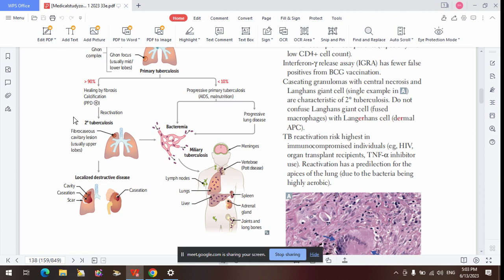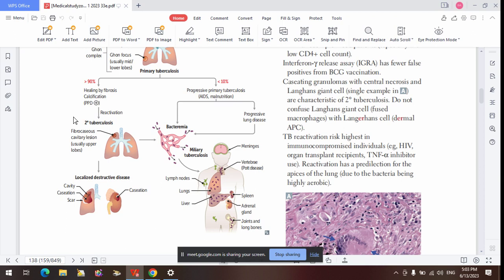So once you see that, that is likely to be a secondary tuberculosis. You don't form cavities in primary tuberculosis. You can only see the granuloma, the caseous necrosis without cavity. Once you are seeing a cavity, that is most likely a secondary tuberculosis, most likely due to reactivation, maybe from immunosuppression or malnutrition.